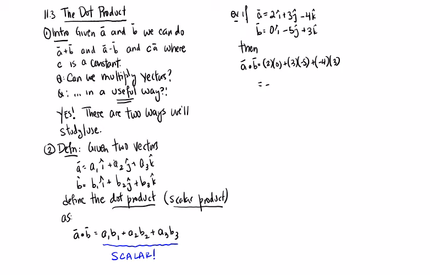This will be -15 minus 12, which is -27. And again, don't worry about what this number means. It's not at all clear yet. Just notice the calculation works.